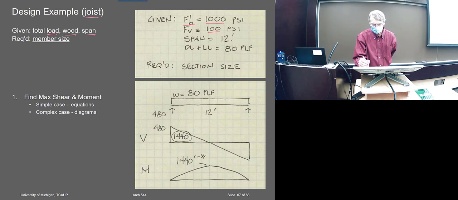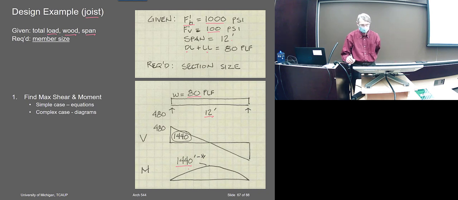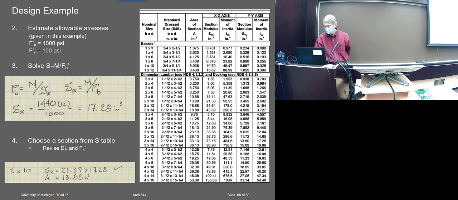We've got a span of 12 feet. The dead load plus the live load is coming on at 80 PLF. So we could quickly calculate a moment. WL squared over 8 would be 1440 foot-pounds.